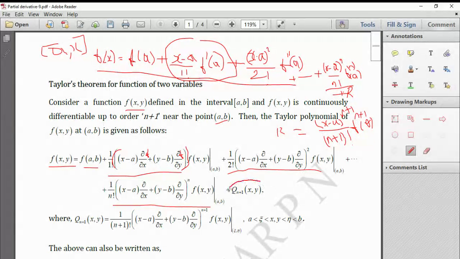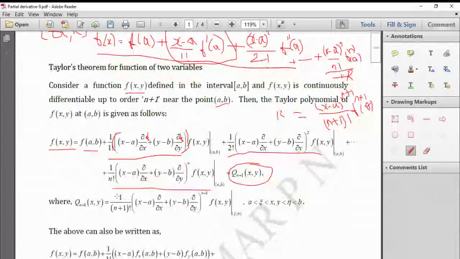remainder. This is remainder, right? That remainder is 1 by (n plus 1) factorial (x minus a) ∂/∂x + (y minus b) ∂/∂y to the power n plus 1 of f(x,y) at some (xi, eta). Here we had only x, that's why there theta comes.